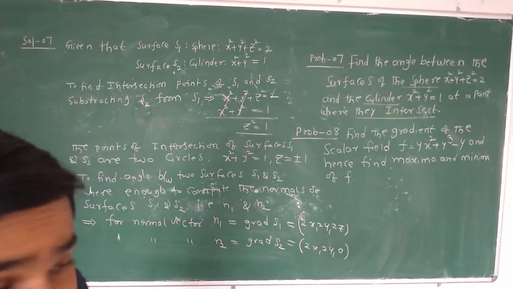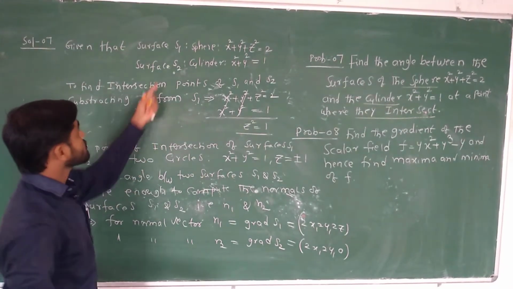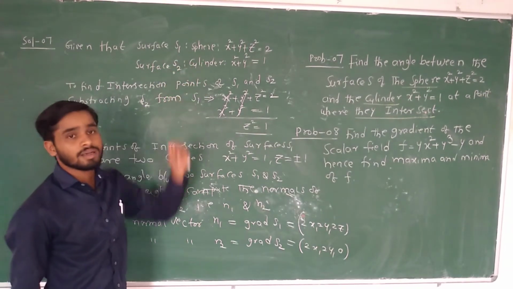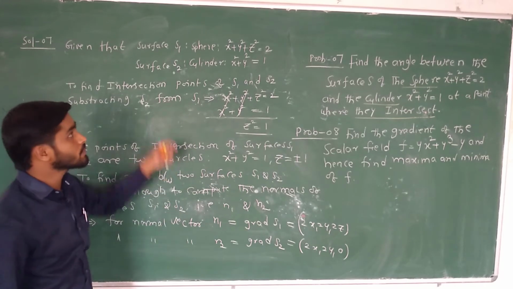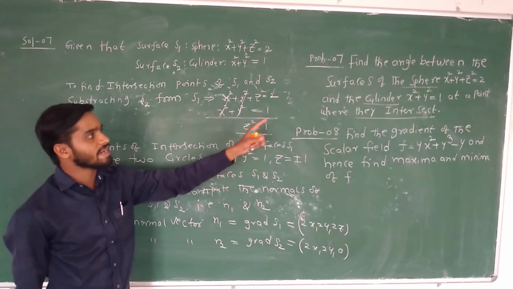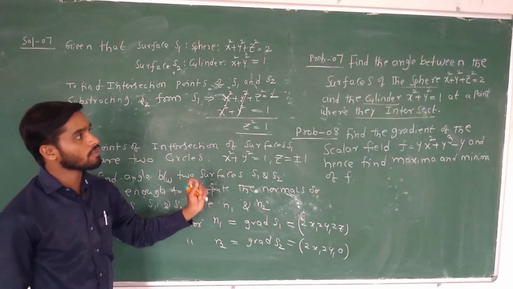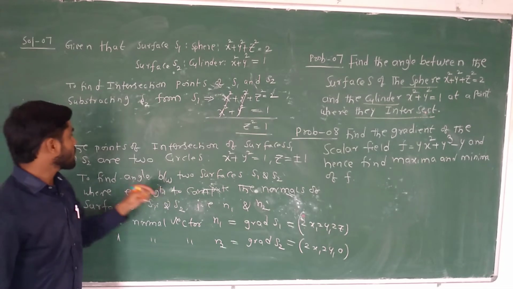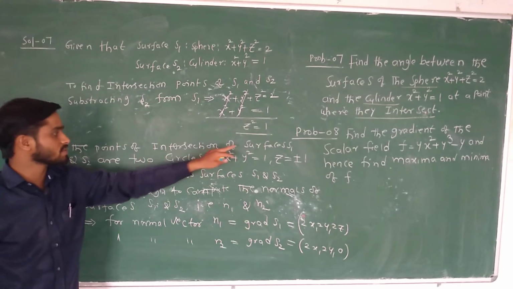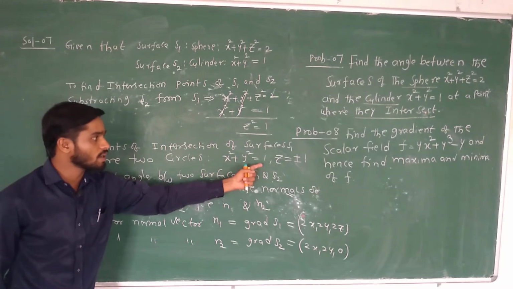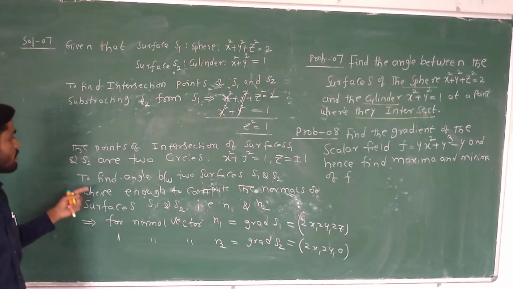Now, check it out quickly. Surface S1 is the given sphere, surface S2 is the given cylinder. The points of intersection of surfaces S1 and S2 are two circles, x square plus y square equal to 1, where z equals plus or minus 1.